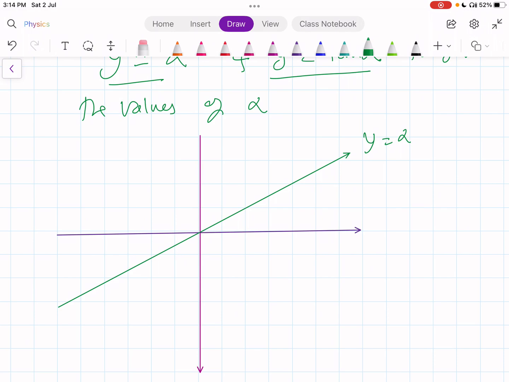Then y equals to tan alpha, alpha will be having different values.